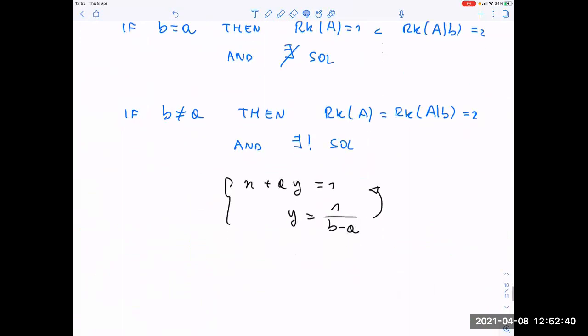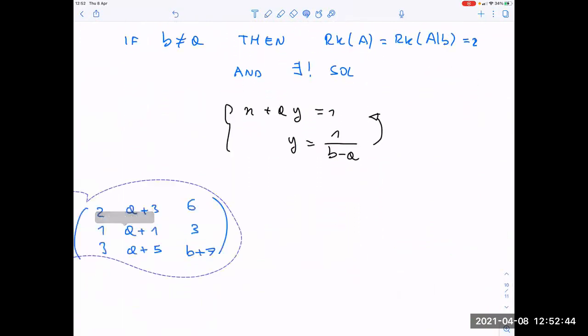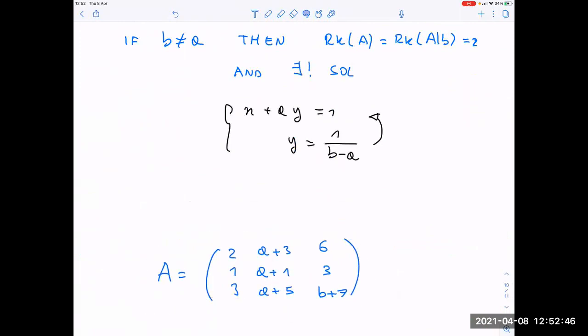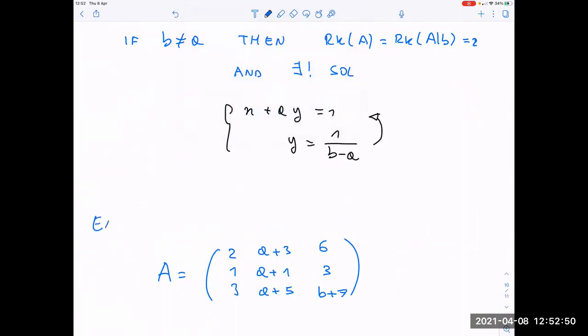Here is the situation. What you need to do here is the usual row reduction process, okay? This is what will help you find the solution. So we want to study the rank.